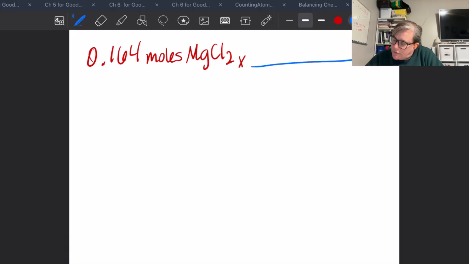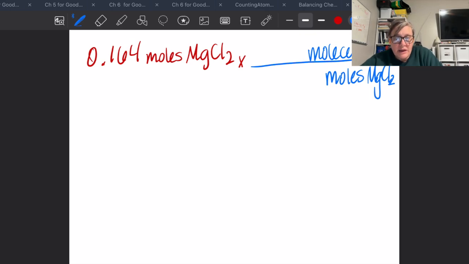So moles is going to go on the bottom because we want to get rid of it. And then on the top, we'll put molecules. Now, what conversion do we have that goes from moles to molecules? Well, guess what? It's Avogadro's number. So 1 mole, and then here we'll have 6.02 times 10 to the 23rd.